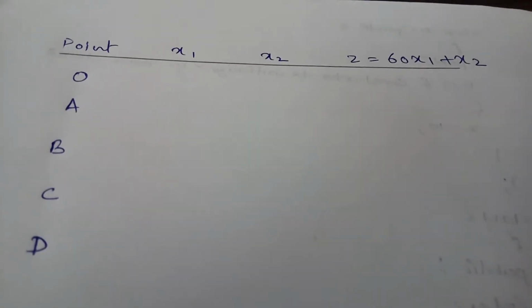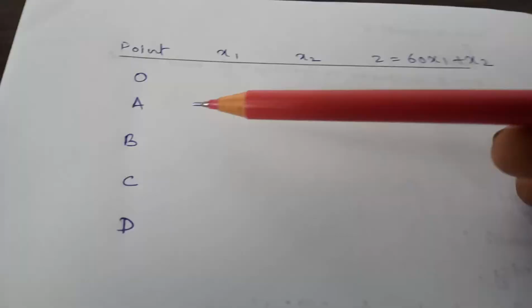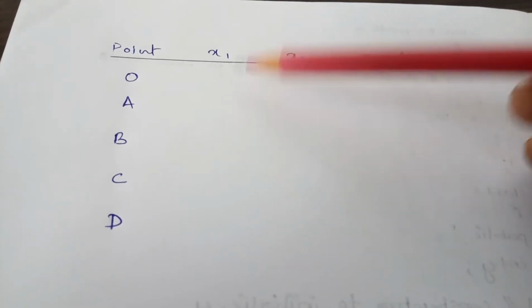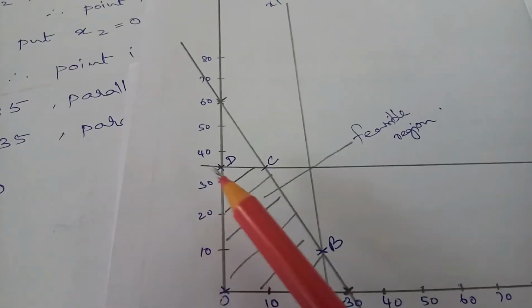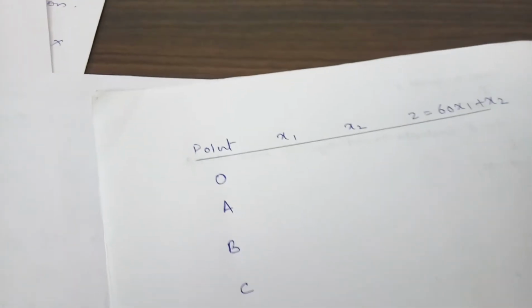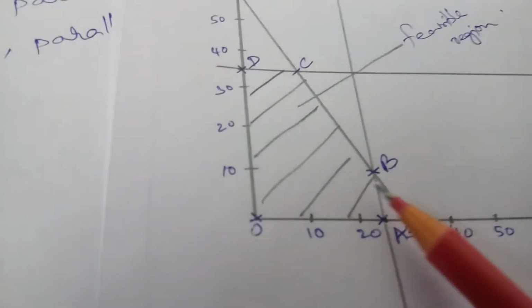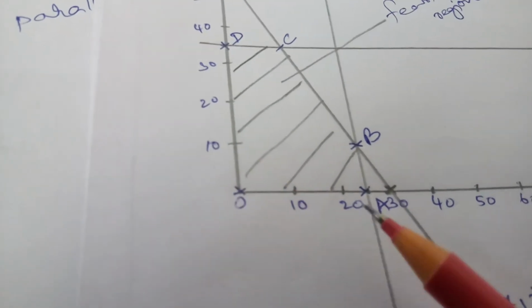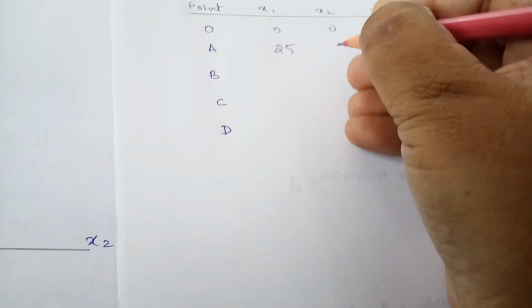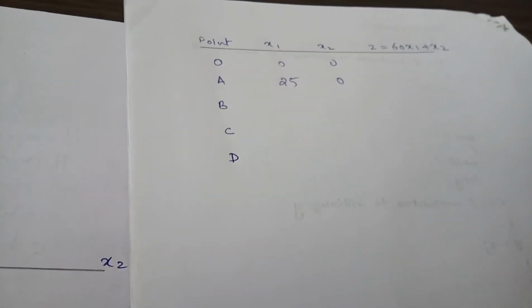For solving it, create a table: Point, x1, x2, Z is equal to 60x1 plus 40x2. Points are O, A, B, C, D. For point O, the coordinates are 0, 0. A is this one: x1 is 25 and x2 is 0.